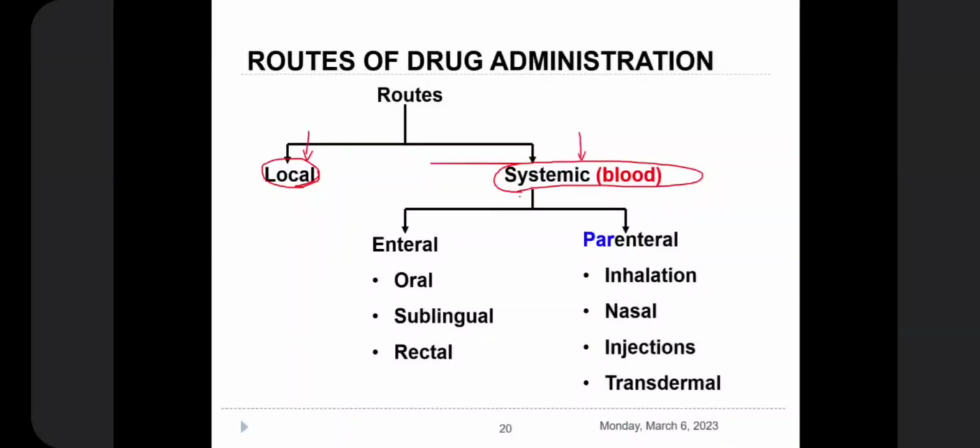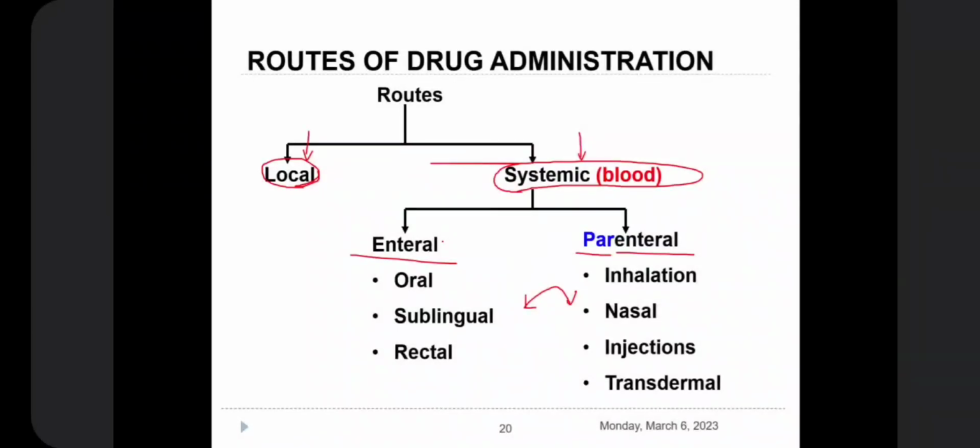We call this systemic administration. Systemic administration also has two branches: enteral and parenteral. Here, par means bypass. Okay, this is about the different types.